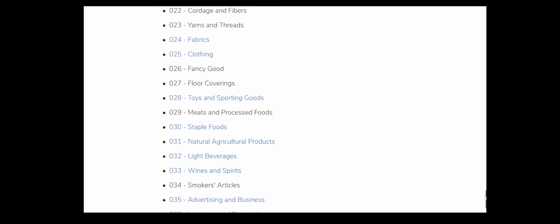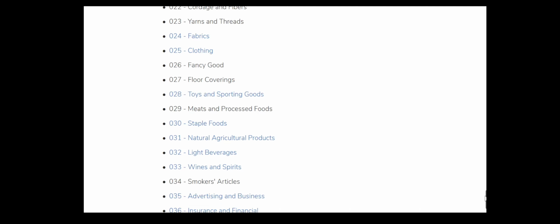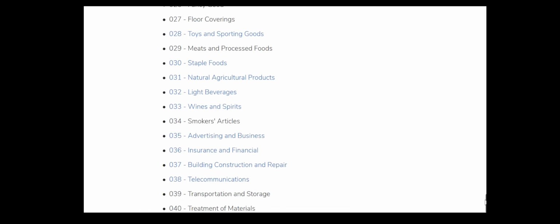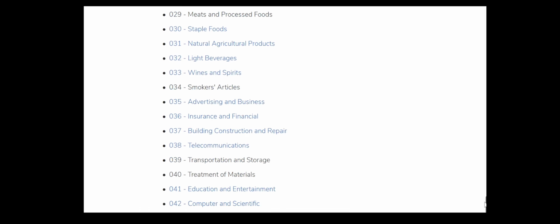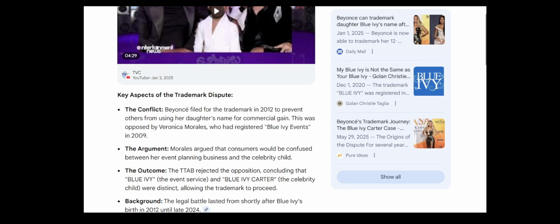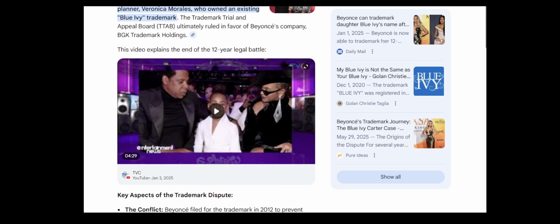A lot of these may not say something you're particularly interested in, but if you go into the list, they'll probably fall under it, maybe education and entertainment or something like that. So that's why she's trying to buy the trademarks to market that, so Beyonce and Blue Ivy can use those particular products over time, so they can continue doing that.